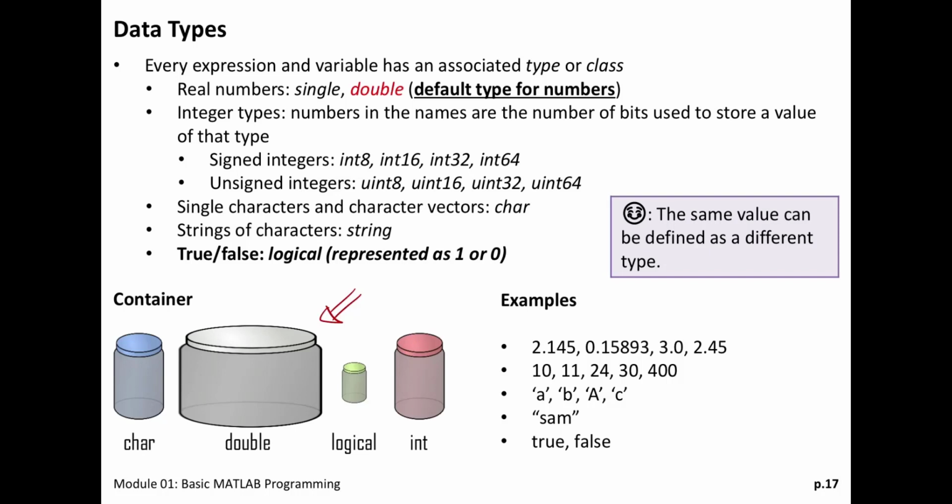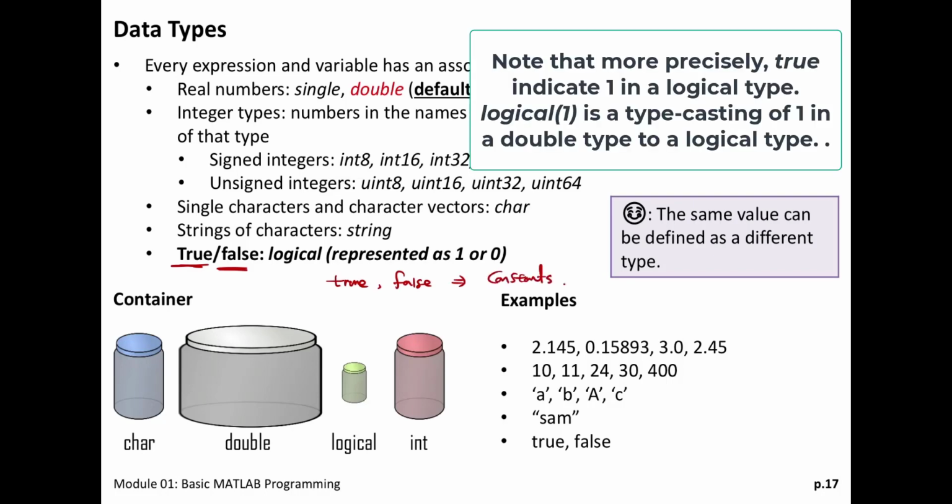Logical type contains only yes or no, like true or false, so it doesn't have to use a larger bin. I would say true or false. Here, true, false, constant.